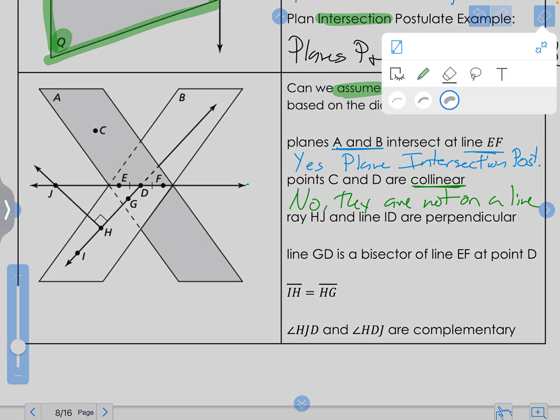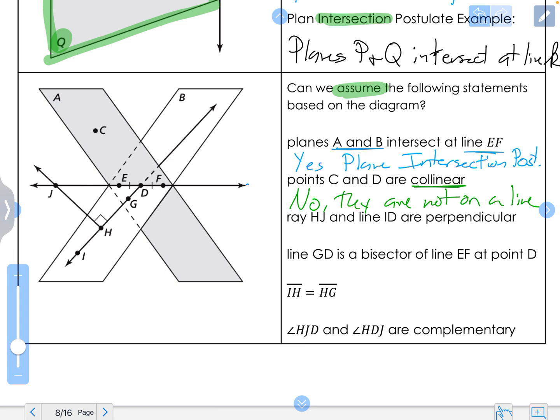Okay, so our next one is ray HJ. I had to use the word ray because Microsoft and Google don't let me put the ray symbol above HJ. H is going to be our endpoint and J is going to be our arrow. So we're talking about ray HJ and line ID.